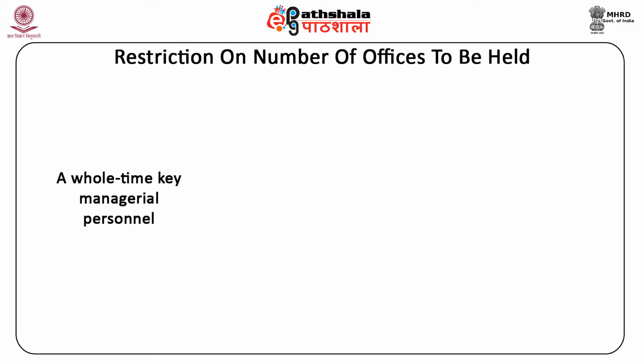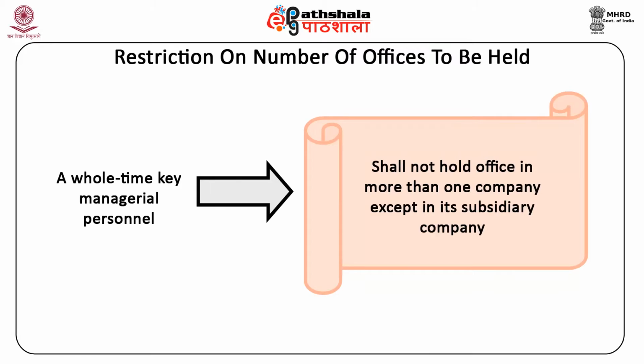A whole-time key managerial personnel shall not hold office in more than one company except in its subsidiary company at the same time. However, a whole-time key managerial personnel may be a director of any company with the permission of the board.